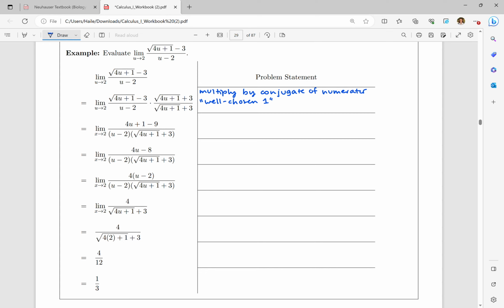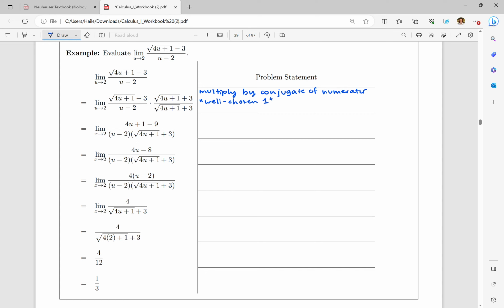Okay. So now that I've multiplied by the conjugate, the next thing I want to do is actually work on simplifying the thing inside of the limit. So that means foiling across the top and across the bottom. However, typically with these, I want to leave the denominator unfoiled because the whole goal is to cancel this u minus 2 eventually. If I foil it in there, it's going to be a lot harder to spot it at the end when I want to cancel.